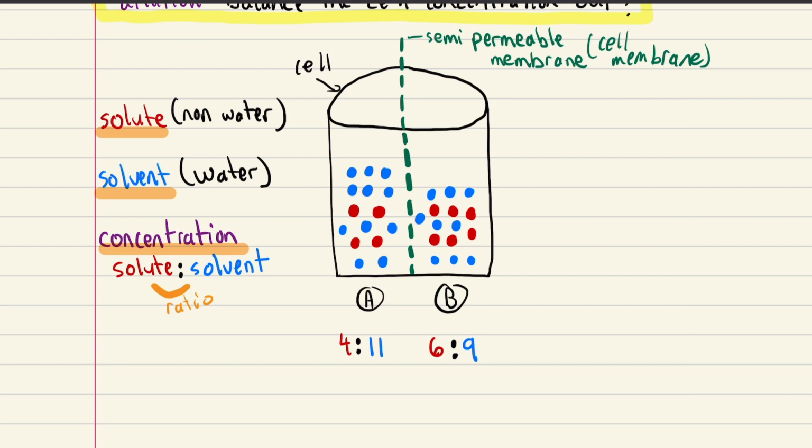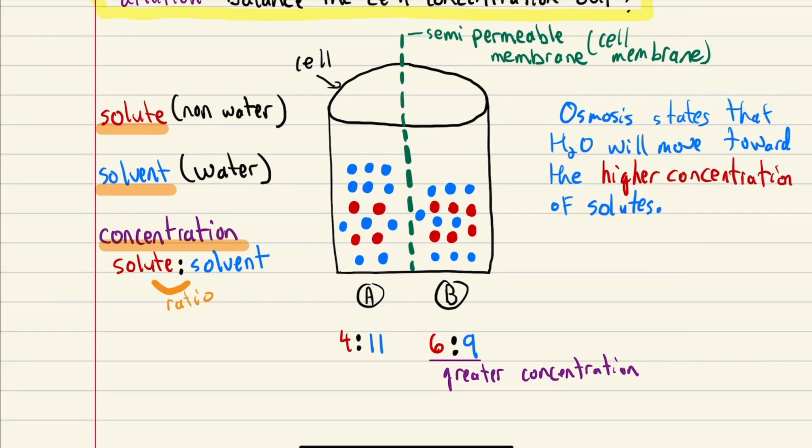Well, this side over here, side B, has the greater concentration. That ratio is greater than the 4 to 11 ratio. And so what's going to happen is, osmosis says, and we're going to write this here, osmosis says that the water will move towards the higher concentration of solutes.